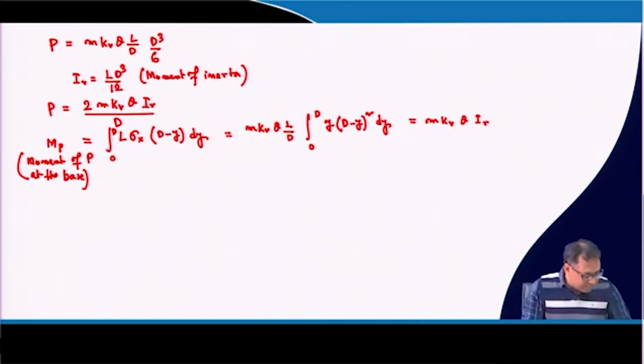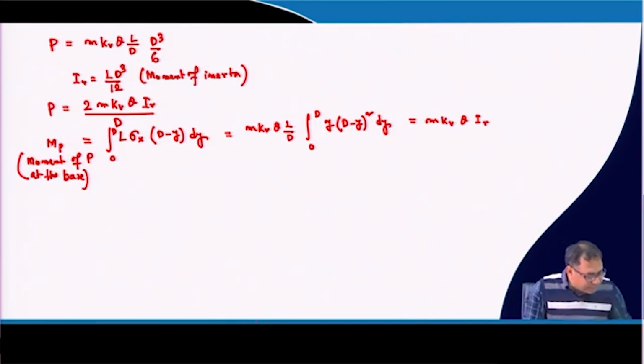This is your I r, or I can write this as I v also, because later on I have to use one I r.